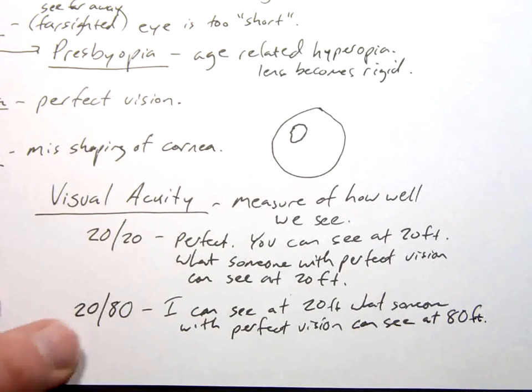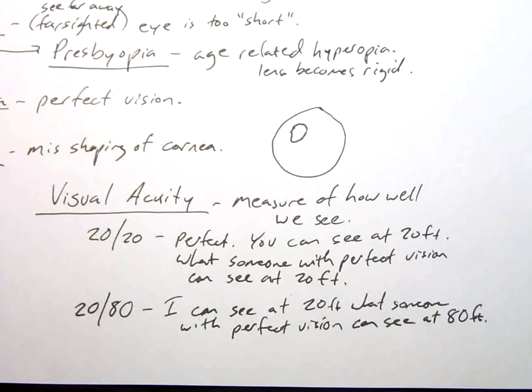Those eye charts with the big E at the top and all the other letters, the standard distance to stand from those is 20 feet, unless they're set up differently to be adjusted for that. And as it goes up, it gets worse and worse.